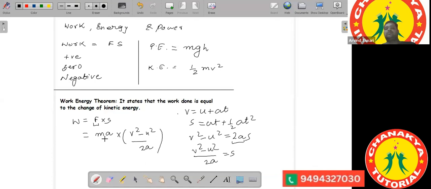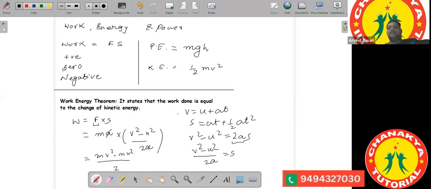In place of force, we put the value of force, which is mass times acceleration. In place of displacement, we put the value of displacement from the third equation of motion. Okay. So as you can see, the acceleration cancels out, and by multiplying m in the brackets, we have (mv squared minus mu squared) divided by 2.